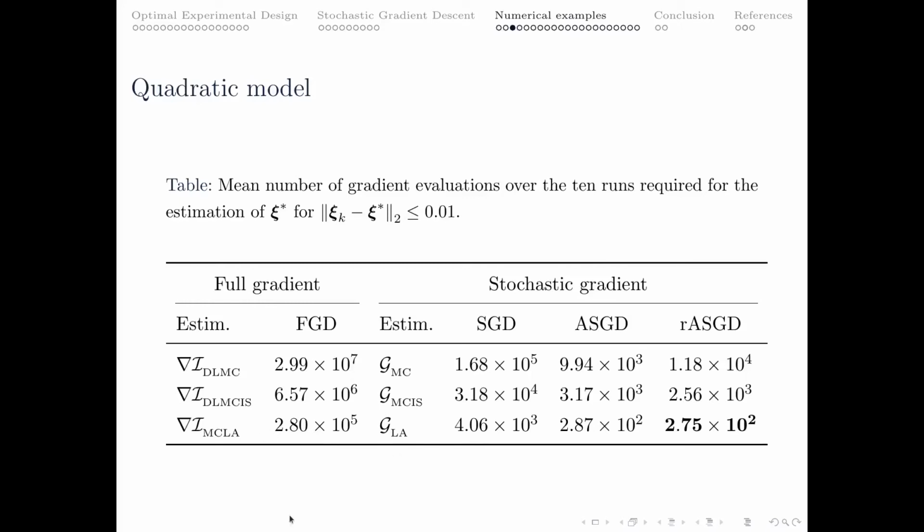We can see that the worst case is the full gradient with double loop Monte Carlo, the naive approach, where we need 5 orders of magnitude more gradients on average than when we use the restart accelerated stochastic gradient descent with Laplace approximation. We can see that the bias of the Laplace approximation was not detrimental on the convergence for this case.